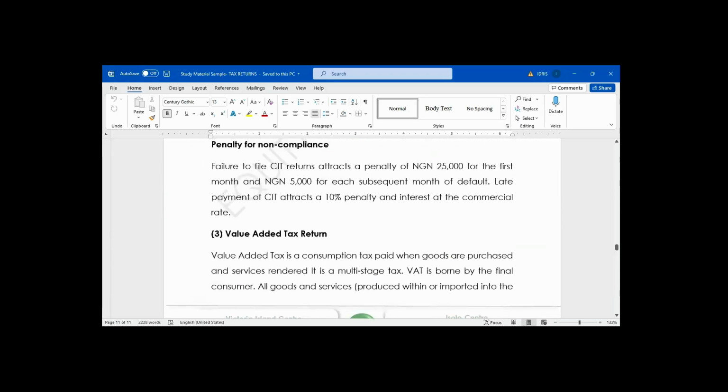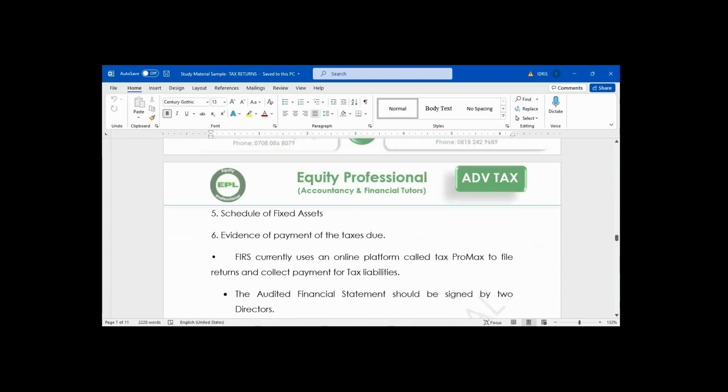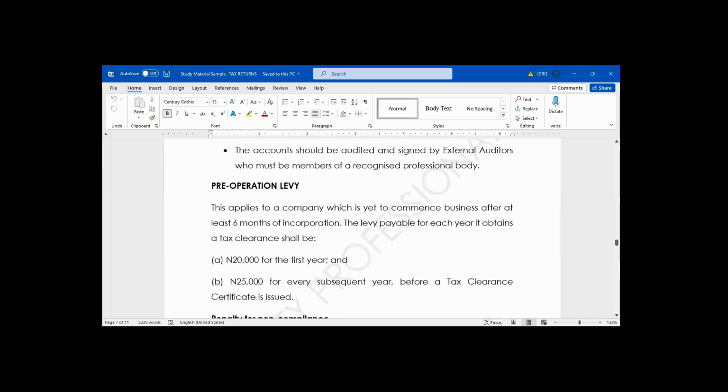If you are a company that is yet to commence business, but you have incorporated, that means they have given you a certificate of incorporation, you will pay at the end of every year. You will not be filing company income tax return since you are yet to commence business.